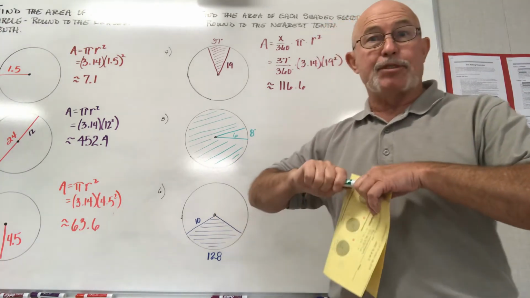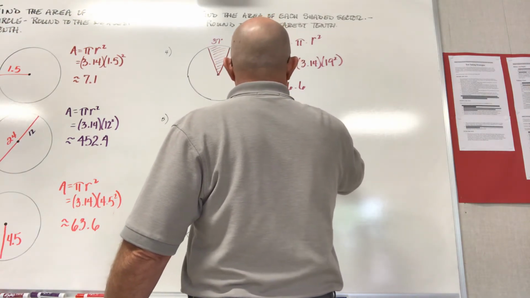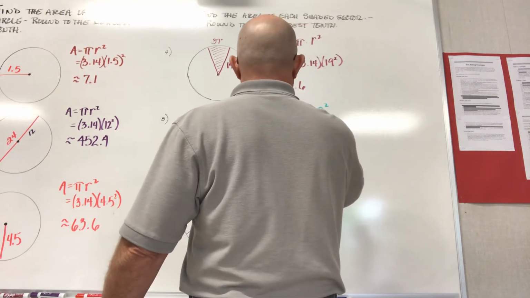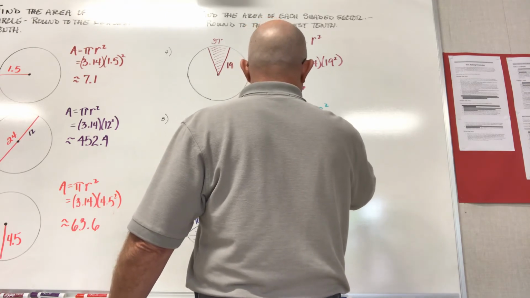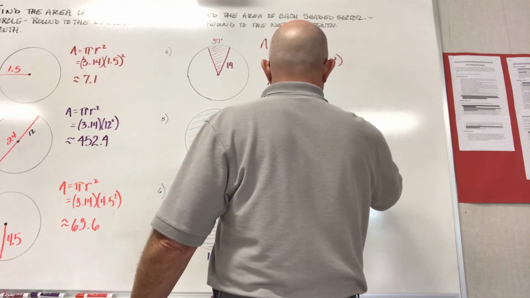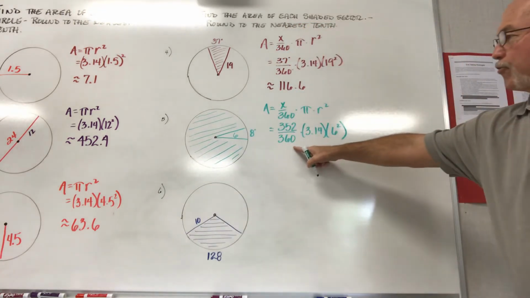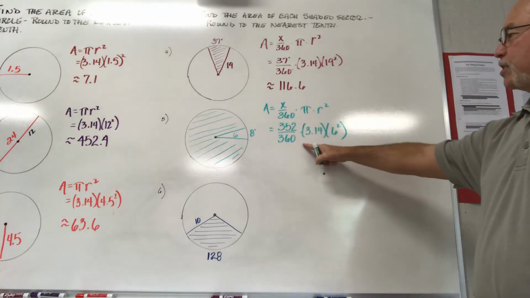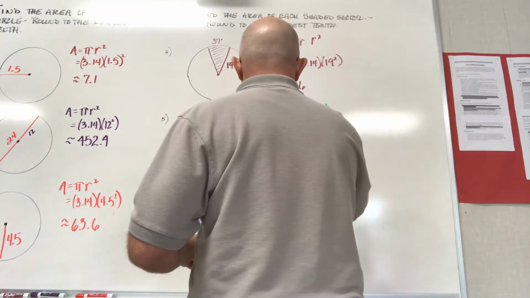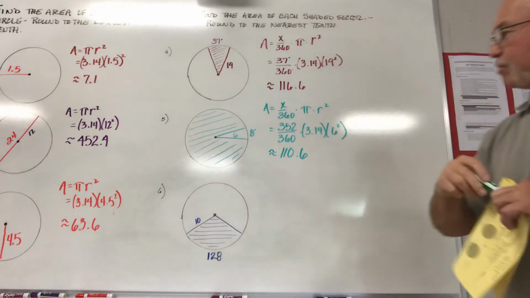I'm going to cut the steps. 352 over 360 times 3.14 times 6 squared is approximately 110.6.